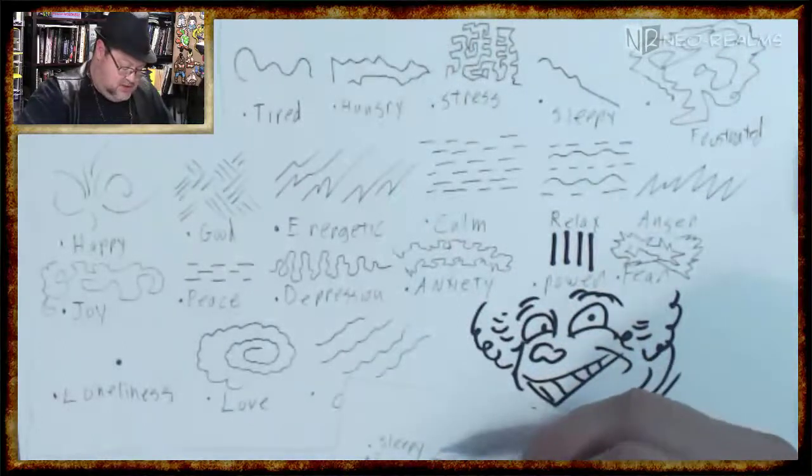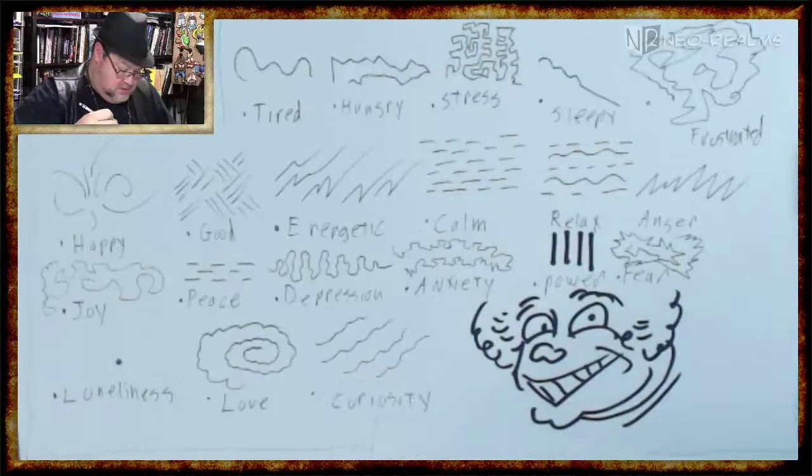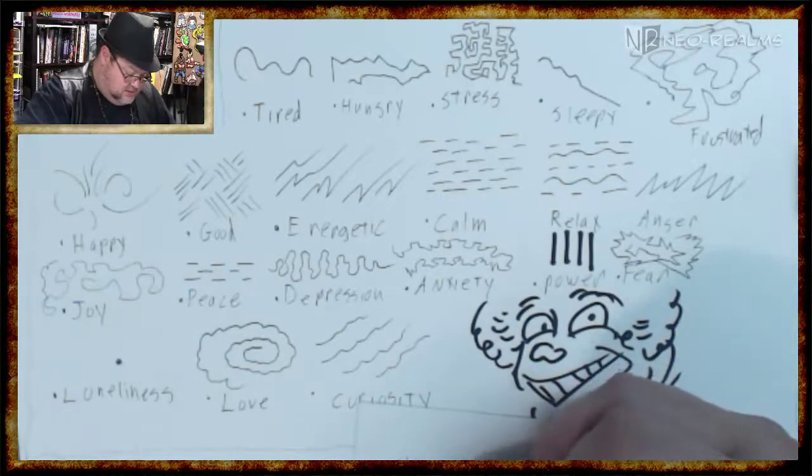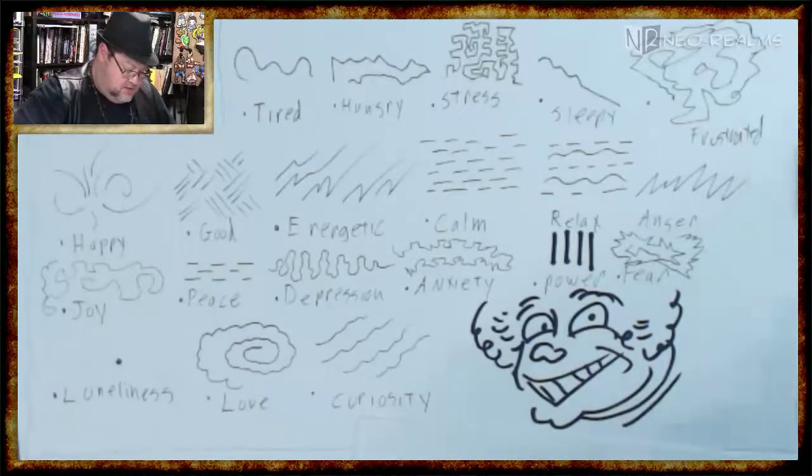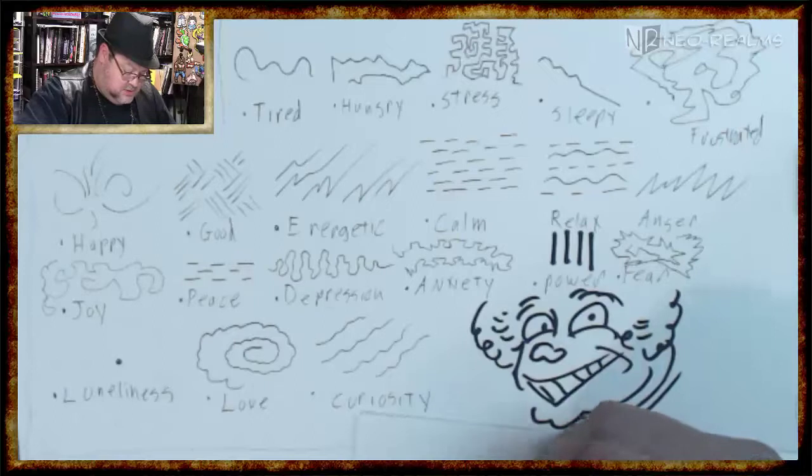So we'll have these sleepy lines. We'll do happy lines or joy, but we're also going to do stressed. So we're going to have a dynamic person that's going to show complex emotions, and they're just going to be a little cartoon.